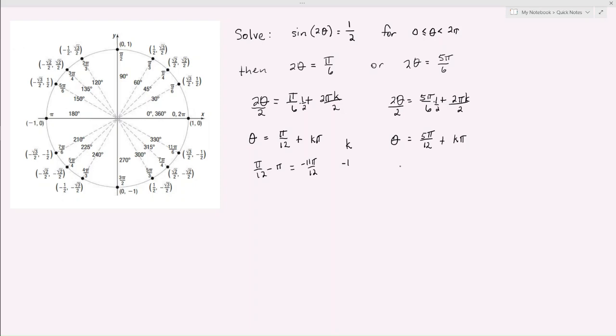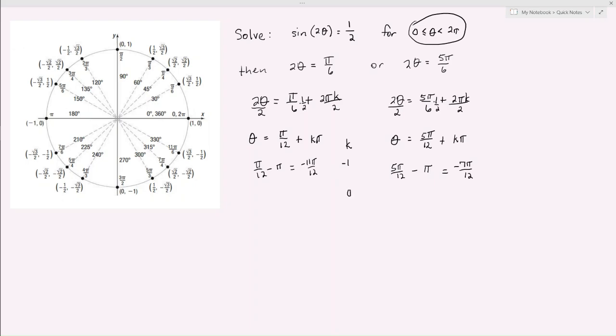For the 5 pi over 12, k is -1, so we'll get a minus pi, and that ends up being negative 7 pi over 12. Okay, notice that we're only interested in answers in this interval, so these two are not going to matter.